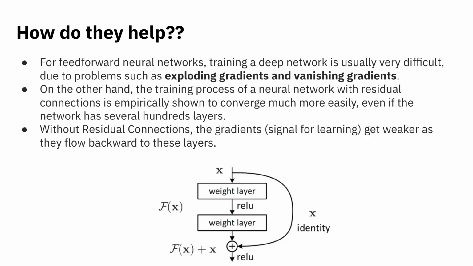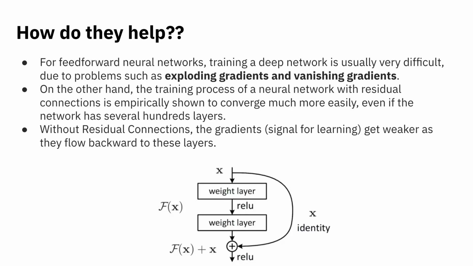So you go through your first layer, you apply batch norm, you apply ReLU, you go to a second layer, apply batch norm or ReLU, and before that, you take X, put it into an identity vector, and then just add it along, and then you can do your calculation. So again, that was the main aspect of the ResNet paper.